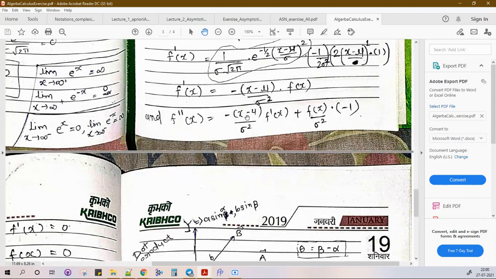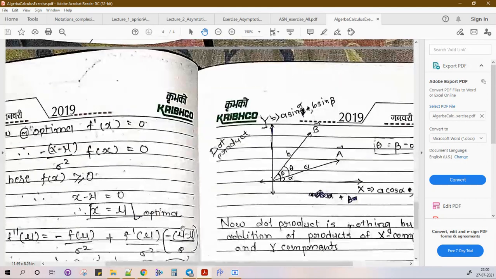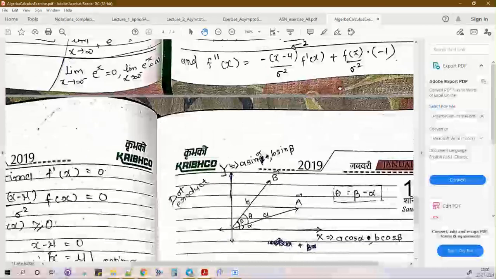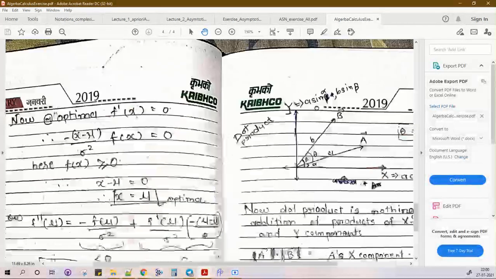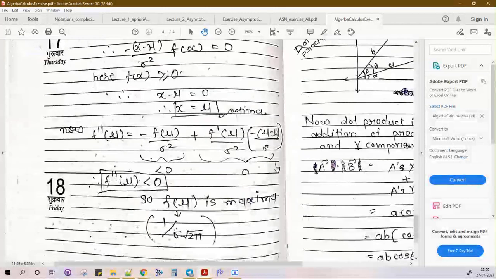So this term would be 0, mu minus mu would be 0, so this whole term is 0. I have just left with this negative term, negative f of mu by sigma square.